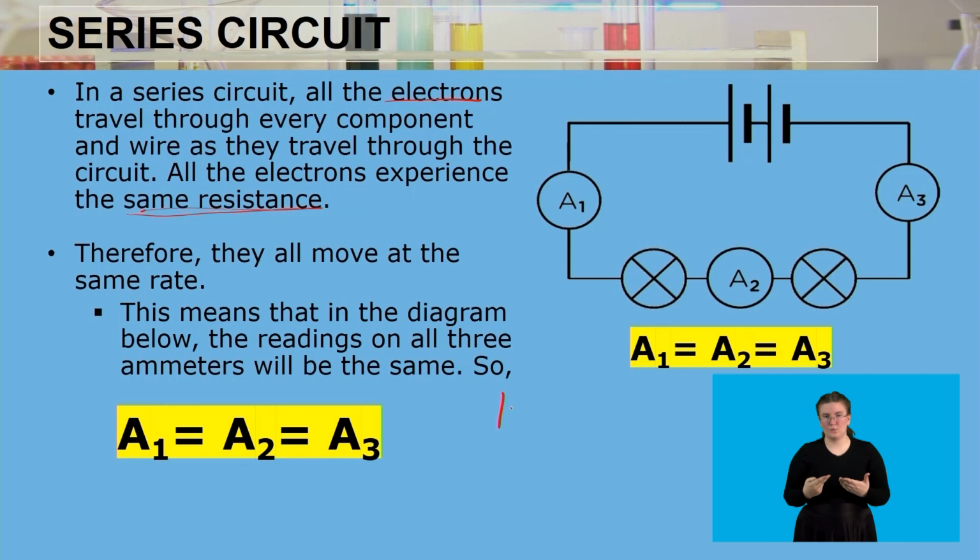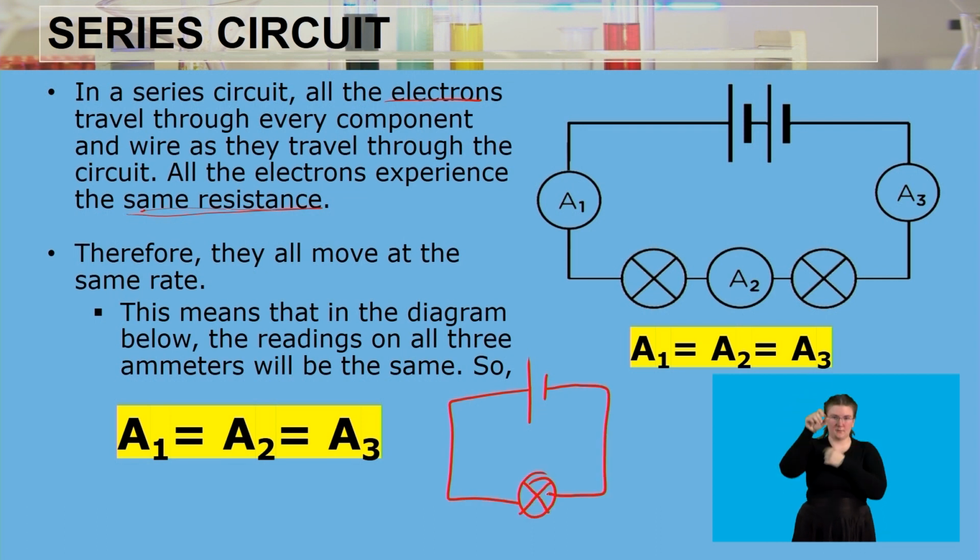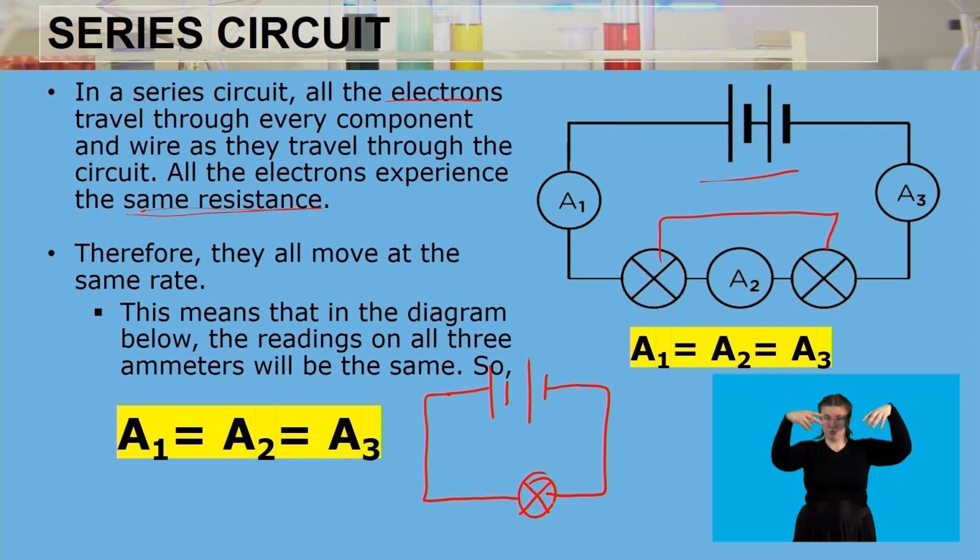Now if we draw a circuit with just one light bulb, let's just use the same battery so that we can keep things the same. So when looking at this circuit with two light bulbs and looking at this circuit with one light bulb, this circuit has more resistance as compared to this one.